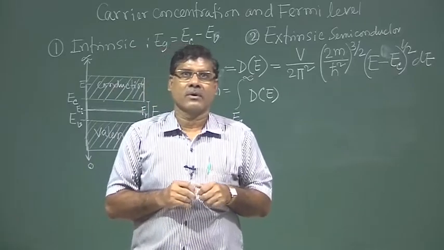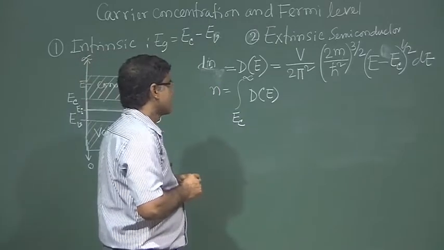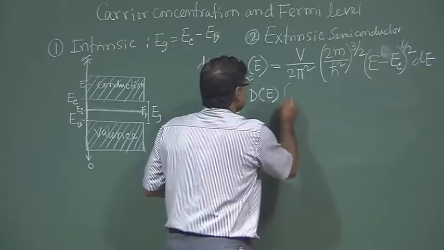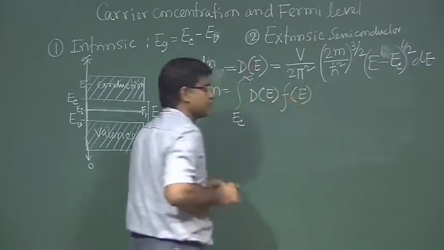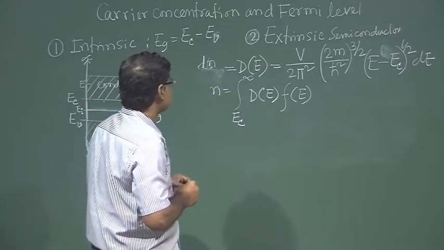Now, for finite temperature we have to calculate the density of states, so we have to multiply with the Fermi distribution function F(E), right. What is F(E)?